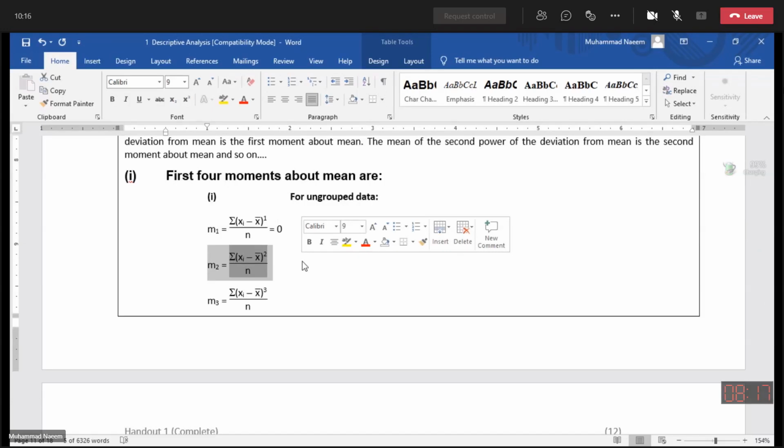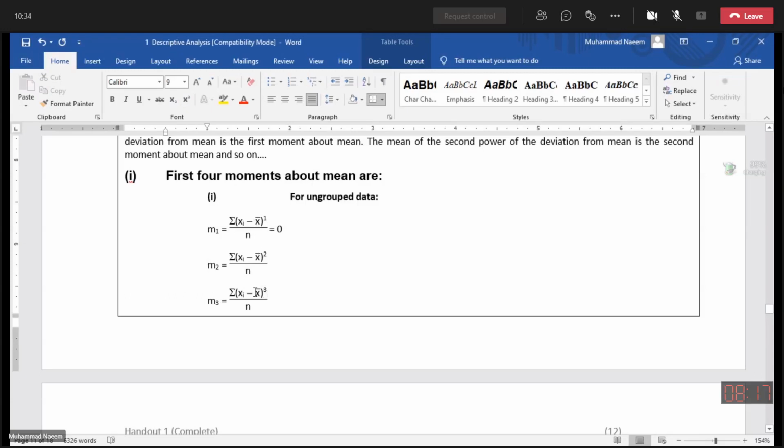Mean of the squares of the deviations from mean value. So what is first? That is the mean of the power 1 of the deviations from mean value.